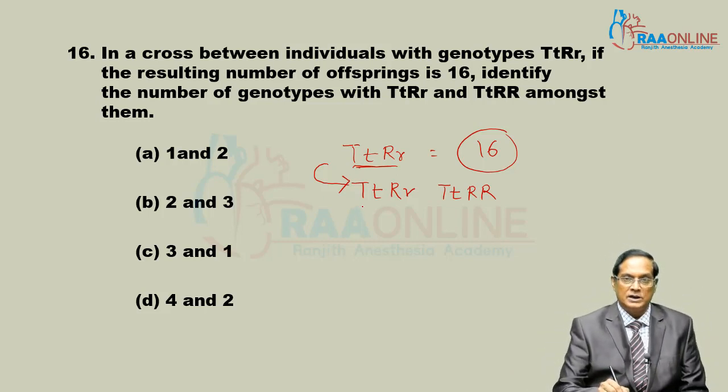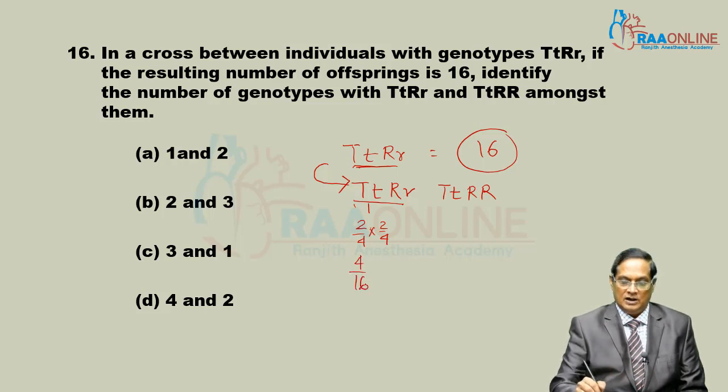In a monohybrid cross, this is 2/4 and the second one is also 2/4. That is, dihybrid plants are obtained in 4/16. And what about this one? 2/4 into 1/4.